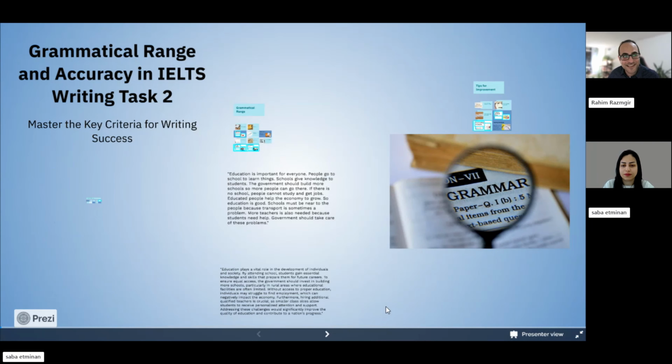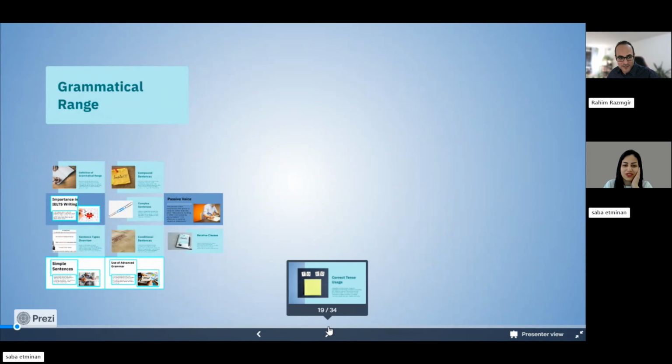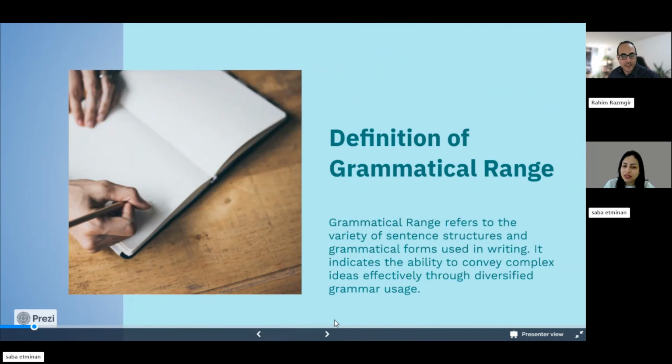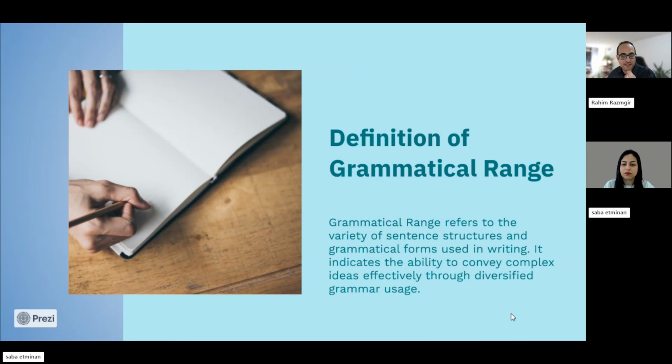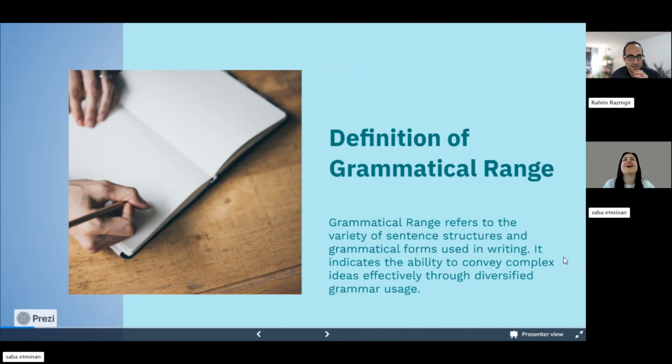Then you explained the first slide, which was basically what we mean by range. In short, we mean being able to convey or communicate complex ideas effectively through diversified grammar usage. Let's continue. I just wanted to show off the presentation.